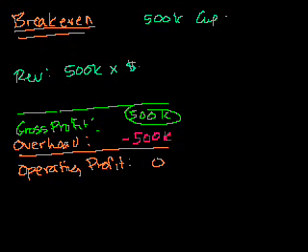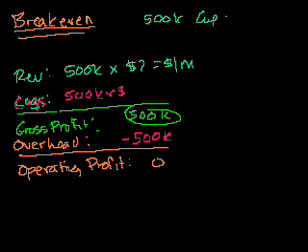So that would be $1 million of revenue coming in per year. And then my cost of goods sold is what? We said it was $1 per cupcake, right? So it's 500,000 times $1.